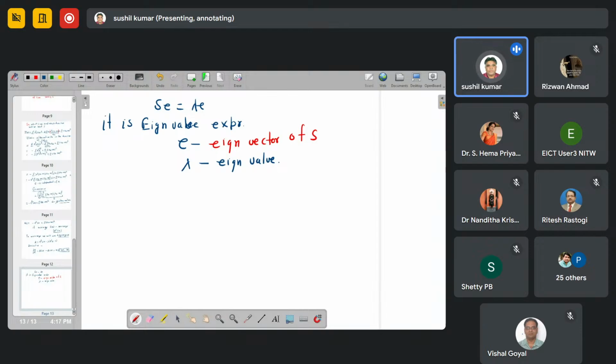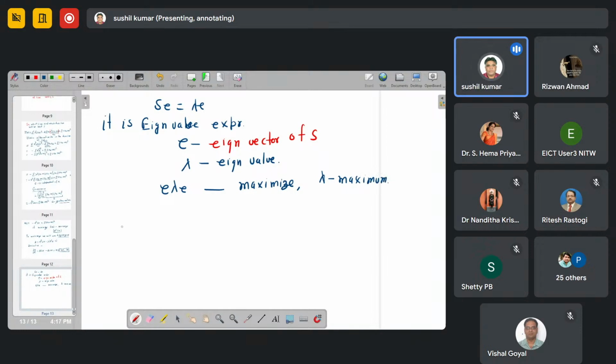Now from here it is very clear that to maximize this E transpose lambda E, we need to increase the value of lambda. If we consider only the maximum lambda, then the n dimensional vector will be converted into a one dimensional vector. Lambda should be maximum in this case.